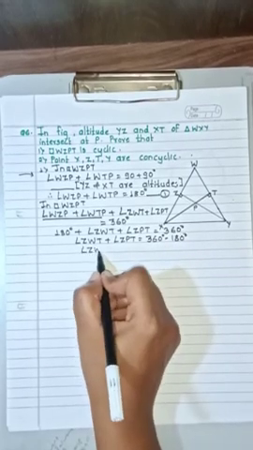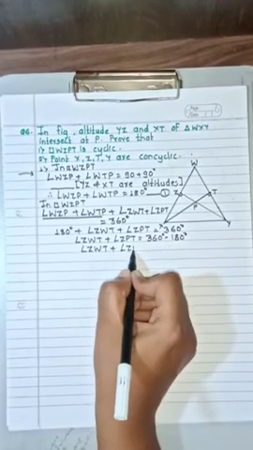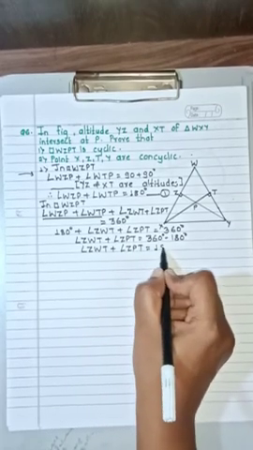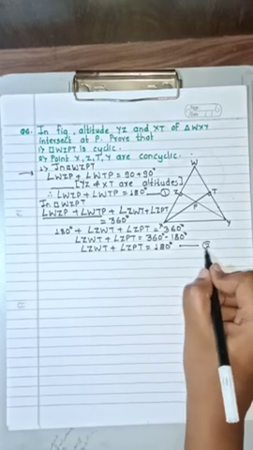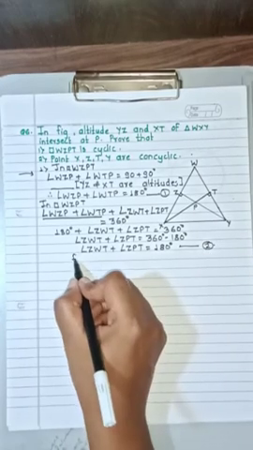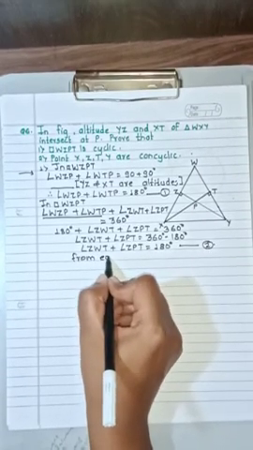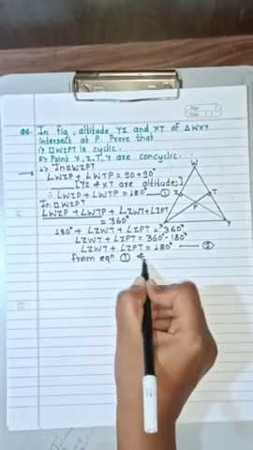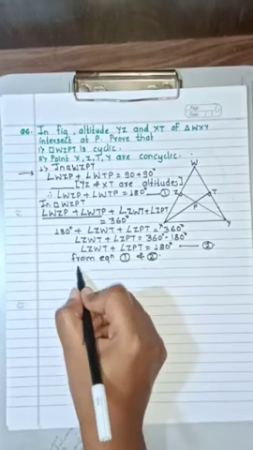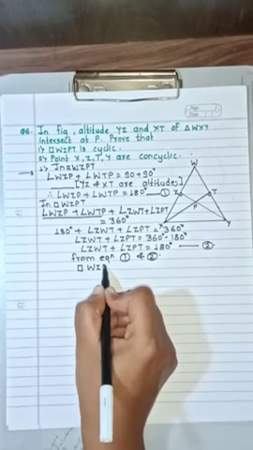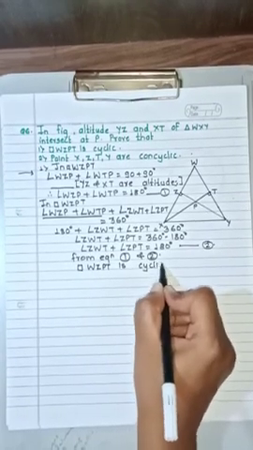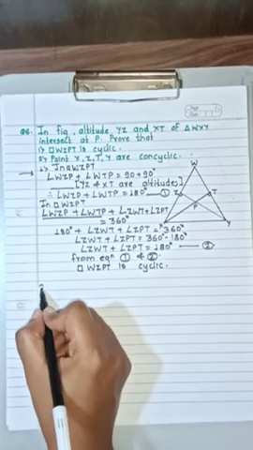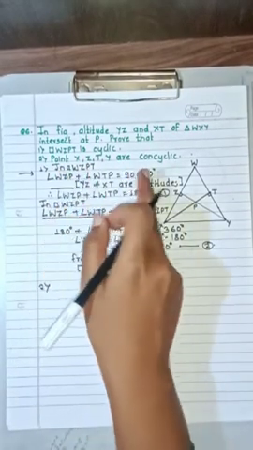Therefore, angle ZWT plus angle ZPT is equal to 180 degree. Okay, this is your equation 2. Now, from equation 1 and 2, you can say that quadrilateral WZPT is cyclic. It is cyclic.